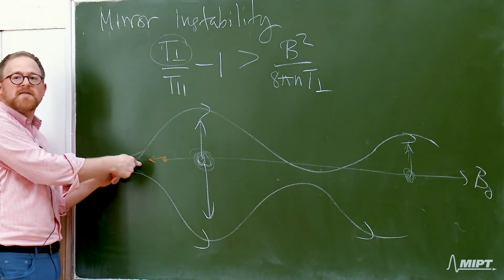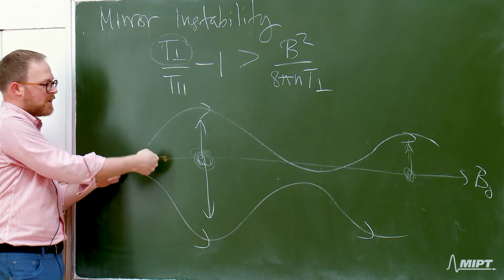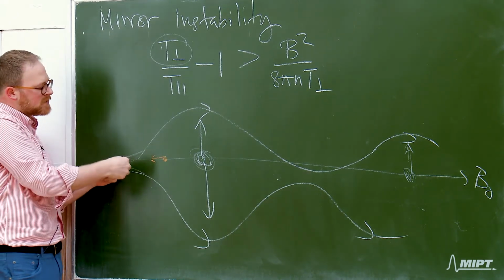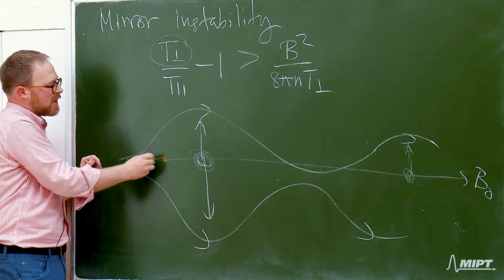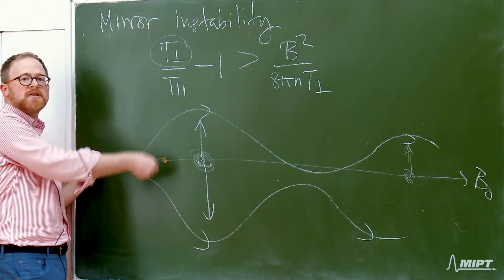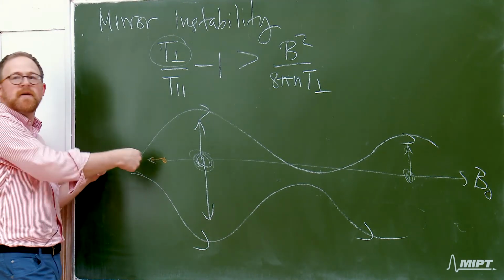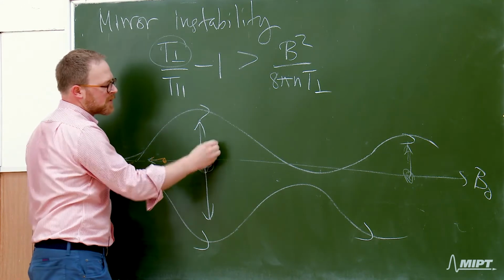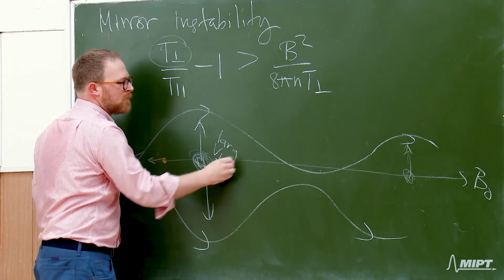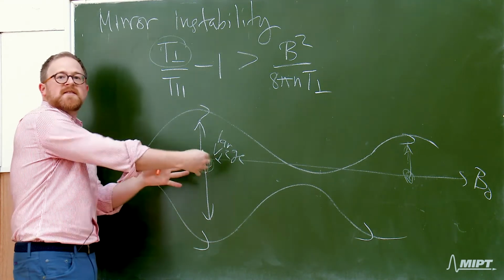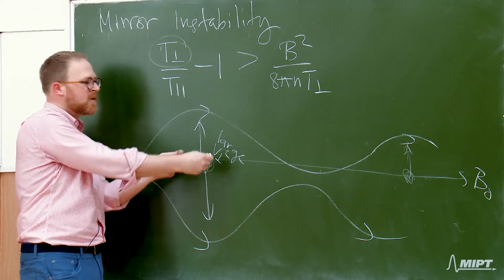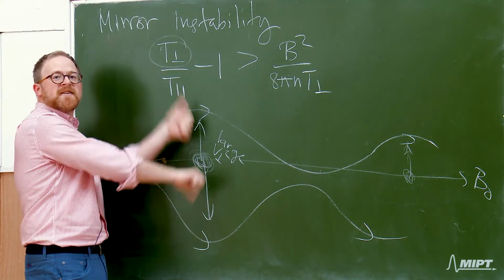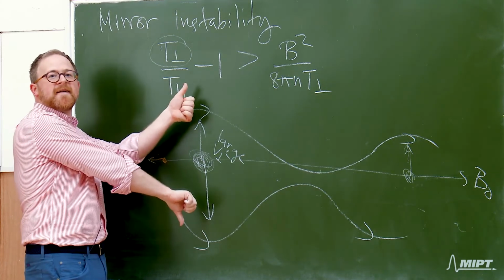Only particles that have certain pitch angles can go through here. And what happens is that those particles that have large perpendicular energy can't get through. And all those particles with large perpendicular energy just get stuck in this trap, in this potential well, and then they've got large perpendicular energy, so they just blow out.